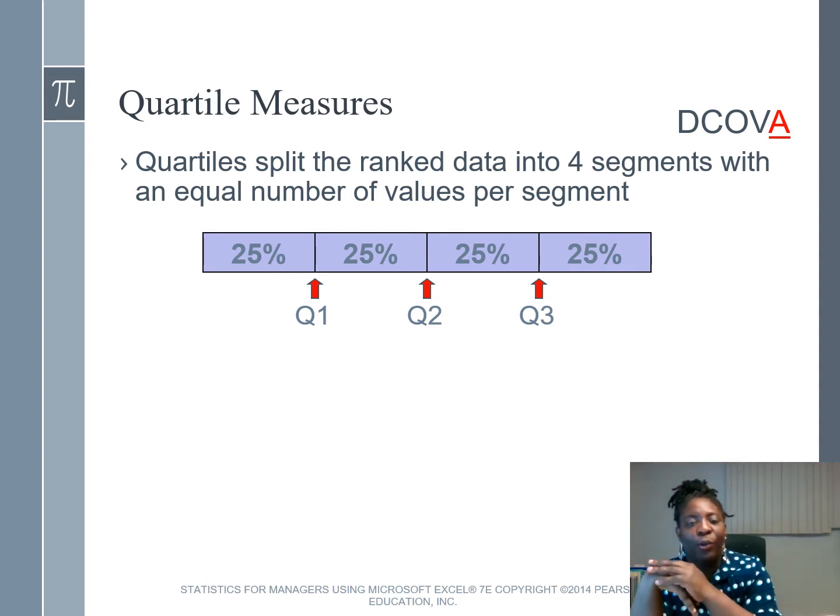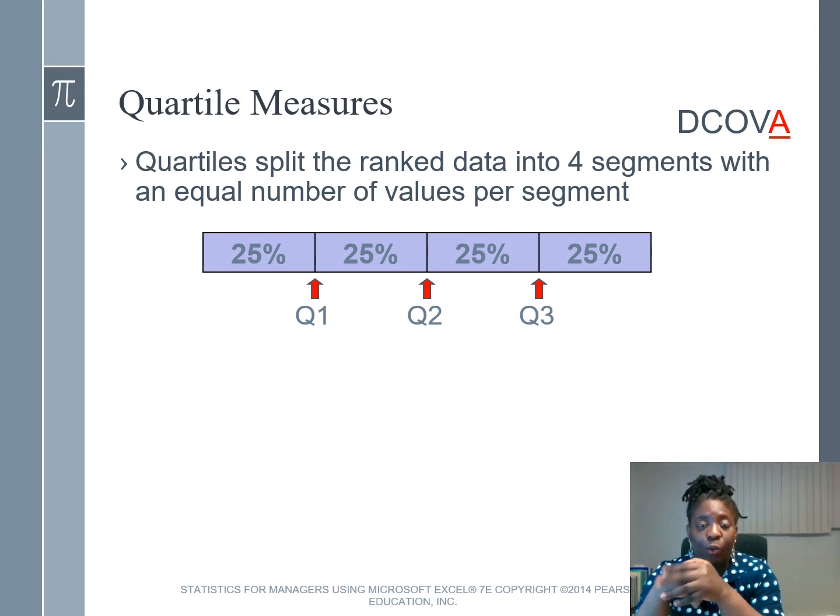Now we can do other types of quartile measures. We've looked at percentile. Now we're going to look at quartiles. Quartiles divide your data into quarters. First quartile, you have 25% of the data below it and 75% above. The value that is the second quartile, don't forget, quartile is a relative position measure. It is the number that is in the middle of the data. 50% of the data is below it, 50% is above it.